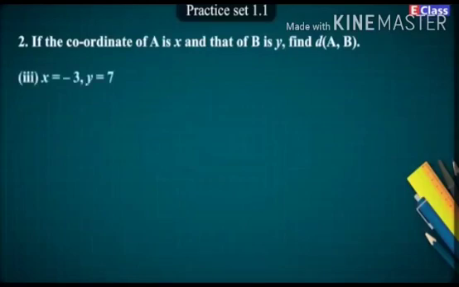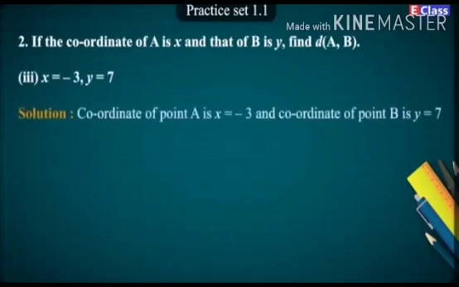3. x is equal to minus 3, y is equal to 7. Solution. Coordinate of point A, x, is equal to minus 3 and coordinate of point B, y, is equal to 7. 7 is greater than minus 3.